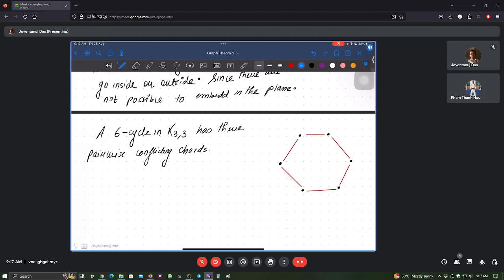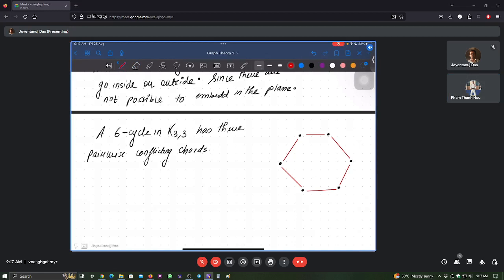The thing is I can draw a chord from here, and this is the alternate thing, right? And this I can draw from here. One minute, let me do the partition first, that will be clear.